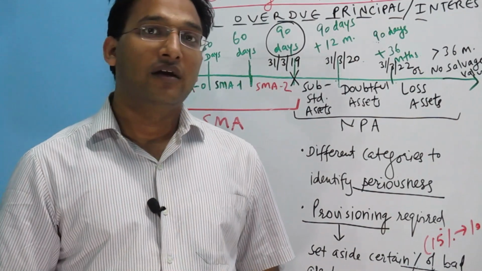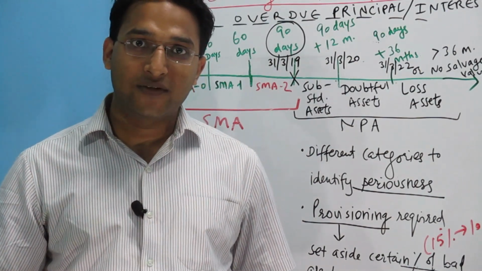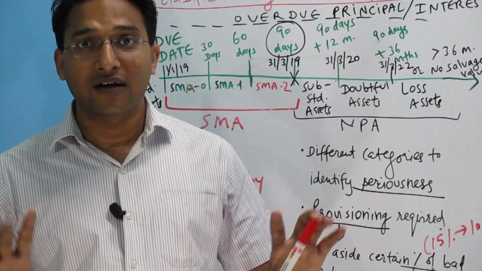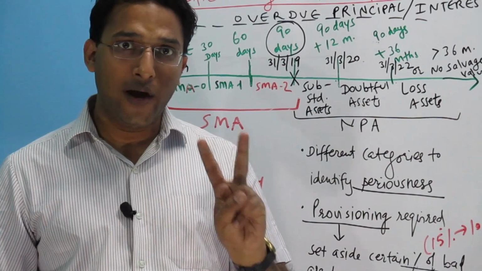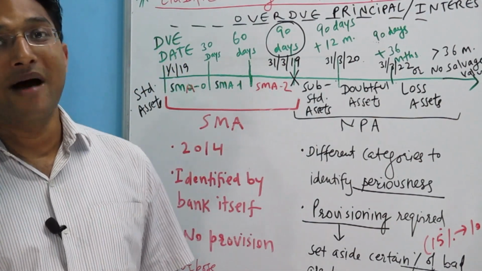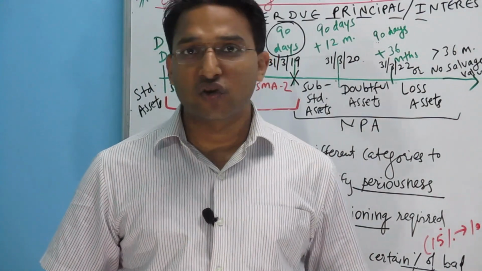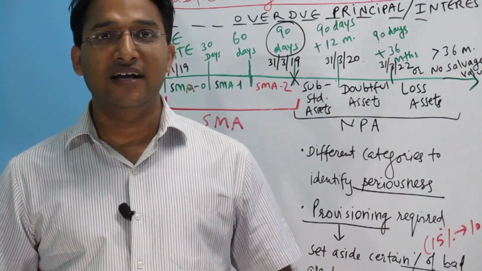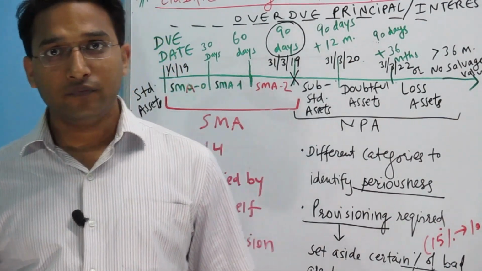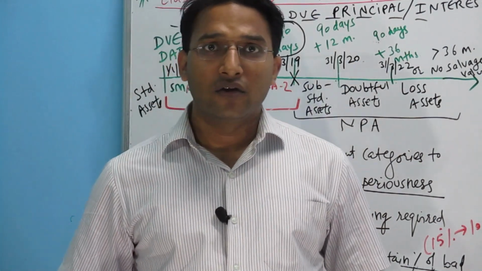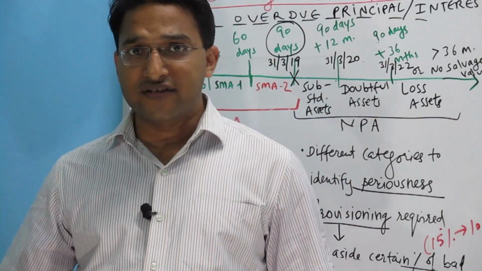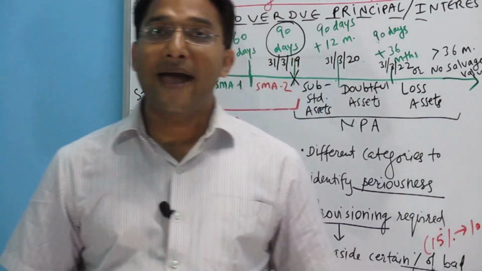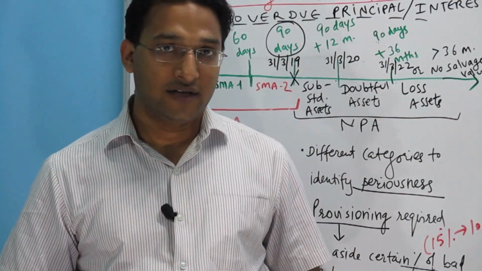One is that provisioning has to be done, some amount of the profit has to be kept aside, and secondly, the interest income will not be recognized as the income of the bank, right? So these are the two adverse impacts of the NPA over the balance sheet of the bank, and that is why the balance sheets of the banks have been becoming bad, and this is leading to the problem of the twin balance sheet crisis, where on the one hand the corporate balance sheets are becoming bad because of different reasons, and that is actually impacting the balance sheet of the bank, because the banks are facing the problem of the NPA, right?